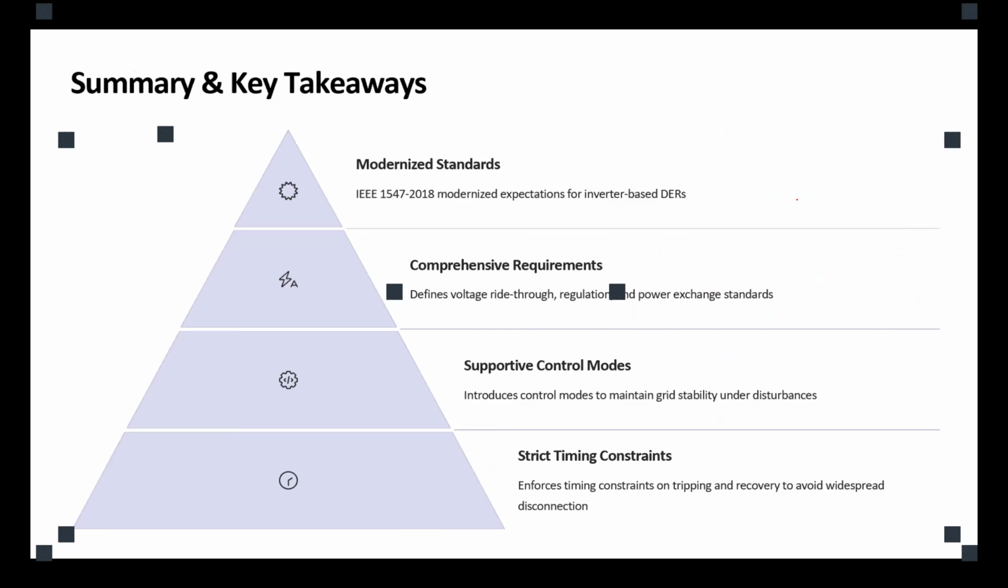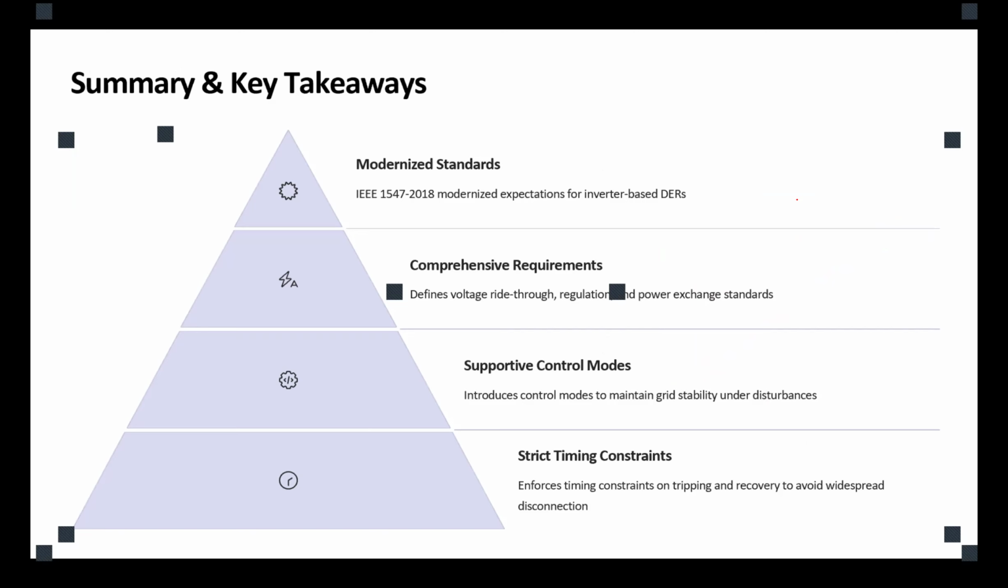Now, let's summarize what we talked about in the standard. We said we need fault ride-through. We said the fault ride-through has different settings from the ideal protection setting. IEEE 1547 basically defines those lines of expectation from the DER.